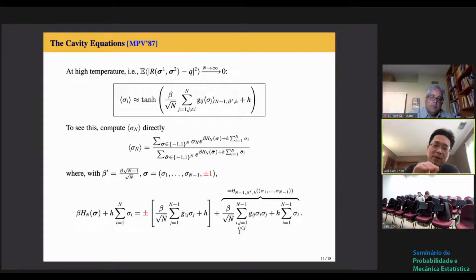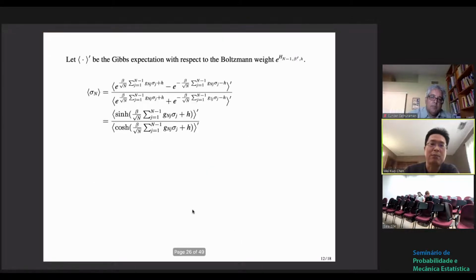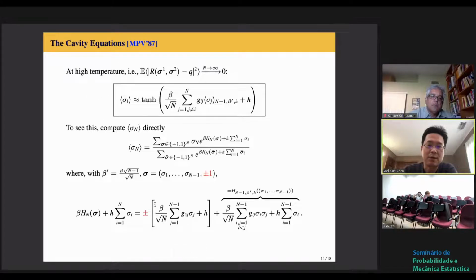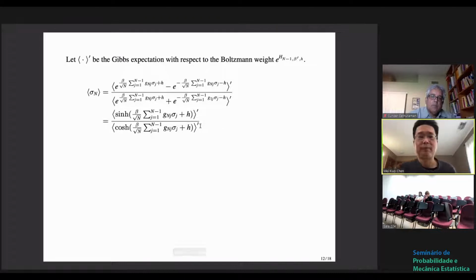All right. So if I take this equation and plug it into my formula here, then you can rewrite your original spin magnetization in this way. Here I introduce another Gibbs expectation, with a prime to indicate this is the expectation with respect to these Boltzmann weights.